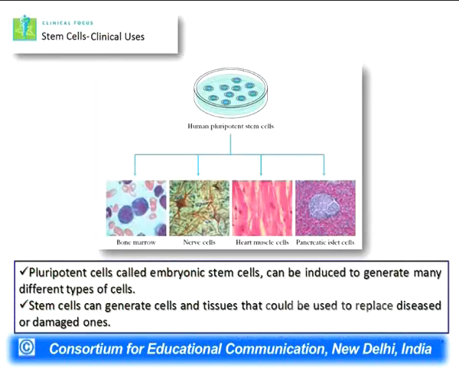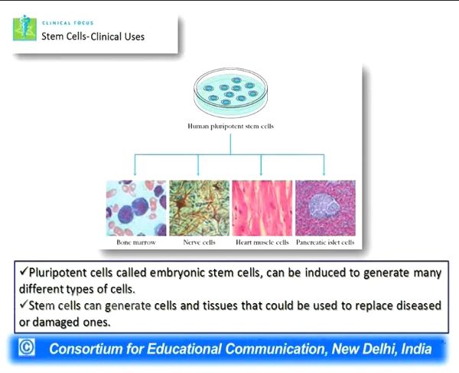Now this stem cell research has a lot of clinical uses. If we have a human pluripotent hematopoietic stem cell, we can easily form bone marrow, or if we have a pluripotent stem cell which can go on to form nerve cells, heart muscles, pancreatic islets, we can easily treat a patient who is suffering from some kind of disease.